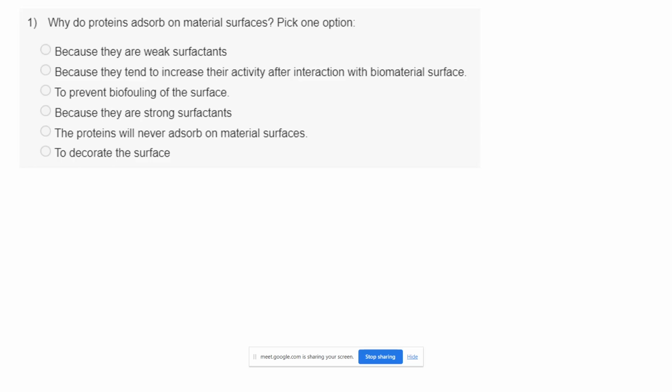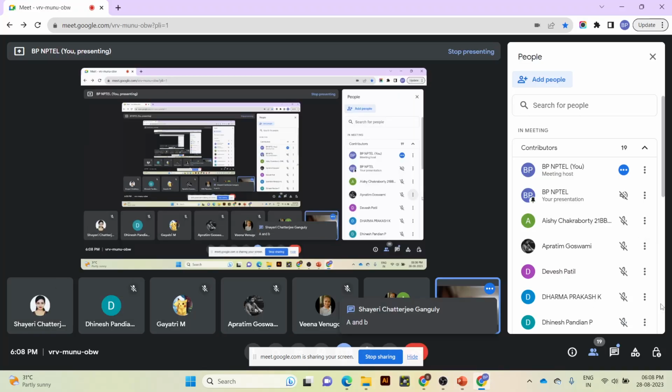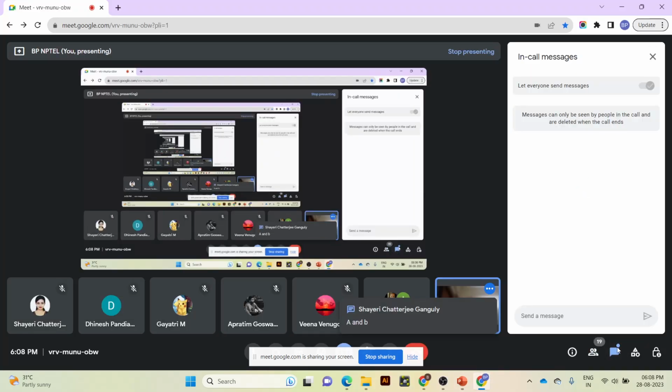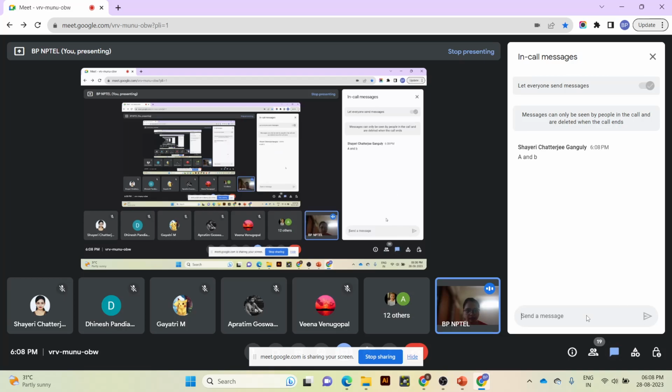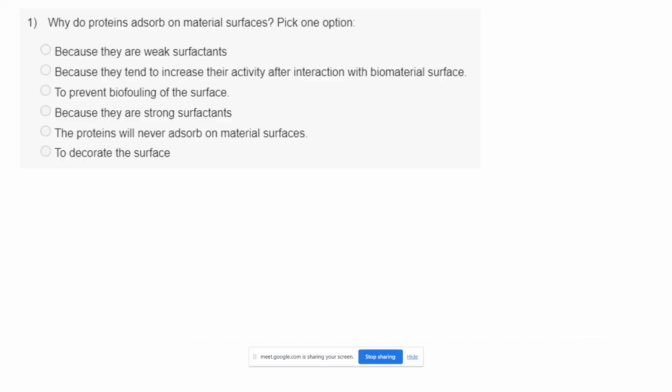Anyone else? A and B. Okay. I would request you to unmute yourself and speak the answers because it's difficult to switch between the two screens.